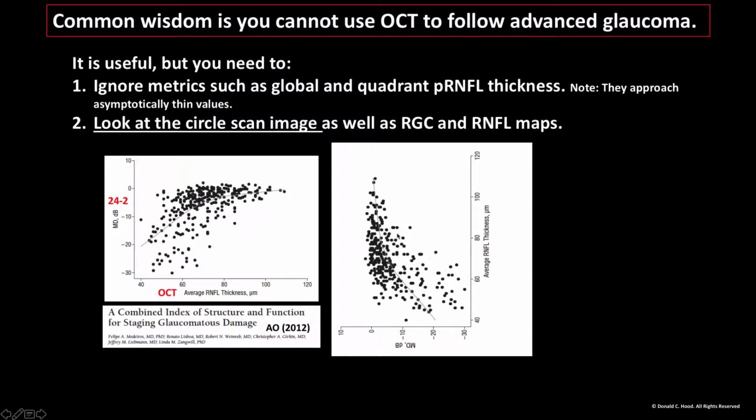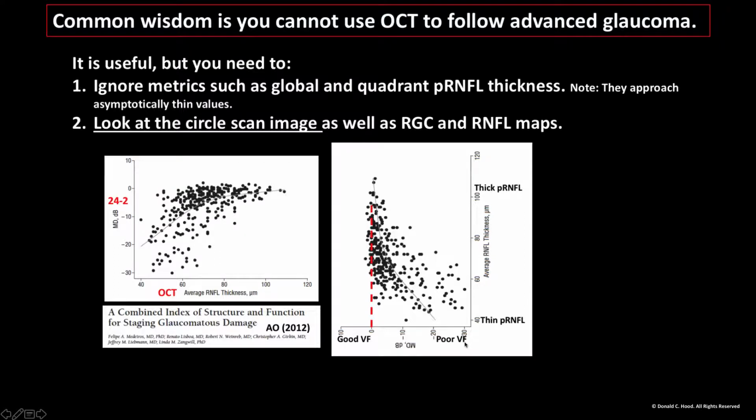I'm just more used to flipping it, so I'm going to flip it here so that the axis is now retinal nerve fiber layer. So again, this is average or global retinal nerve fiber layer. So this would be thick, this would be thin. Notice it doesn't go to 0, so 0 is down here someplace. And this is mean deviation. This would be good visual field, so that's 0 dB, the same as the mean for the age-matched group.